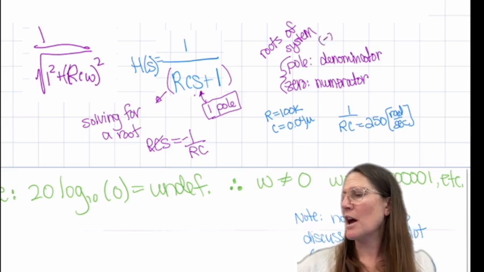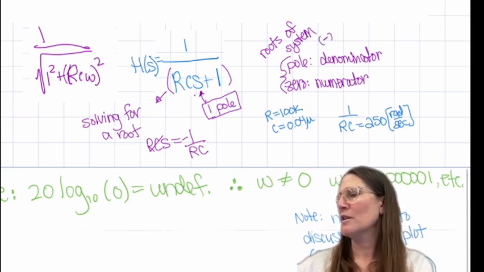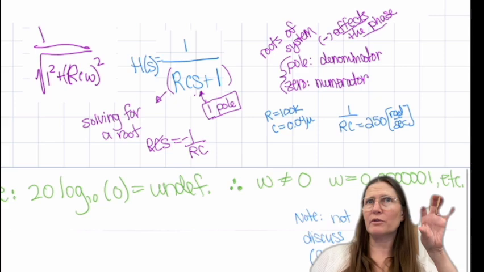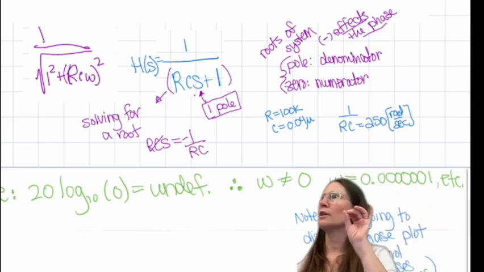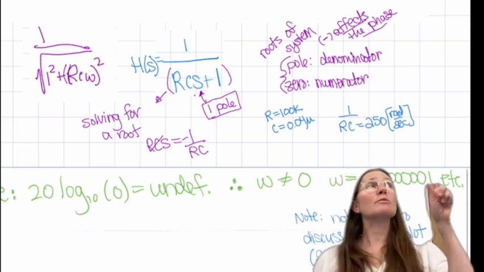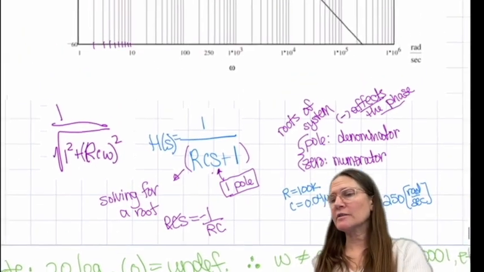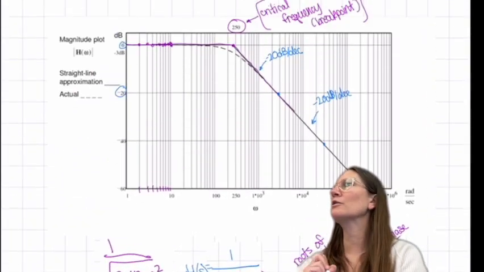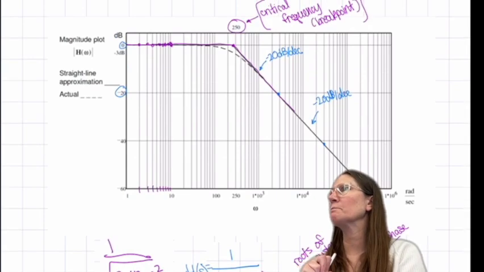The negative value affects your phase. And so we only look at the magnitude of the root. Okay? And then that root ends up giving us a location on our plot of that critical frequency or break frequency point.